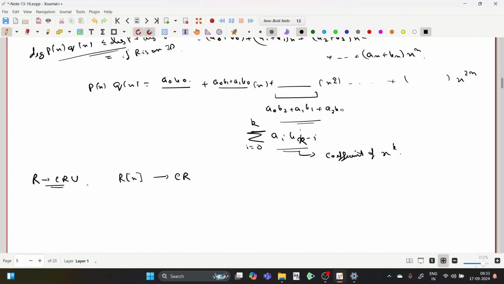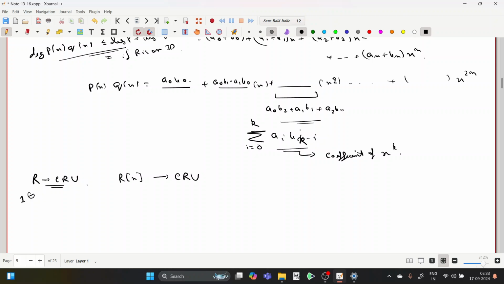Now R has 1, and by the way we have defined multiplication, you can easily observe that the multiplicative identity of R just acts as the multiplicative identity of R[x], as the constant polynomial one. So it's in fact a commutative ring with identity as well, or a commutative ring with unity as well.